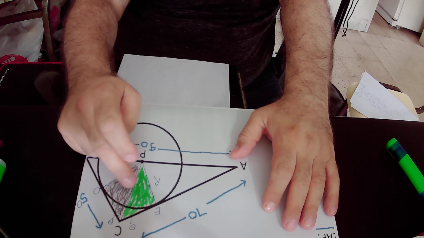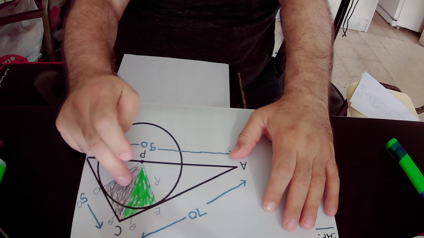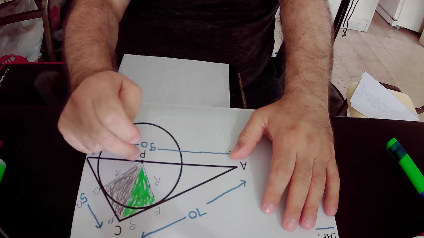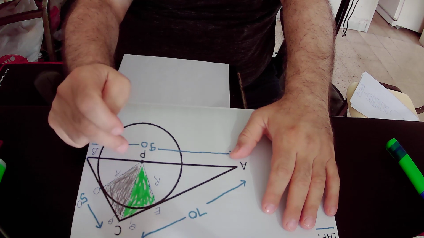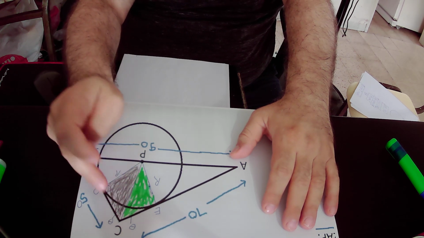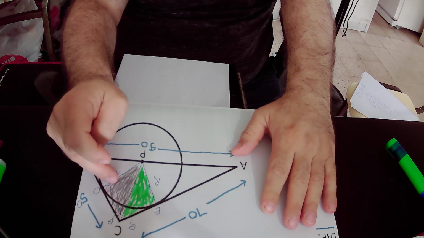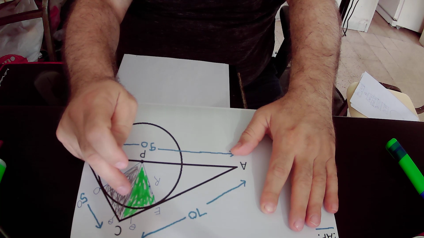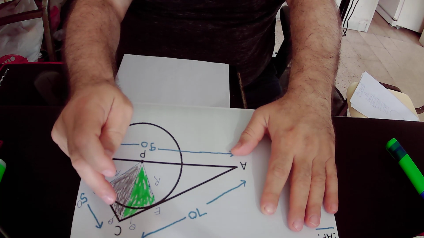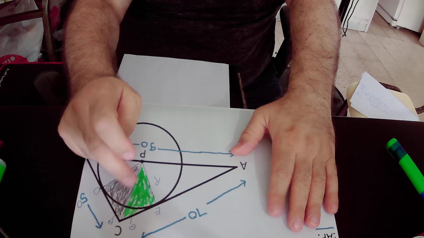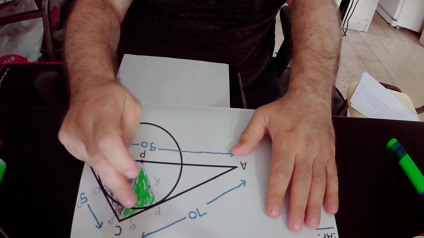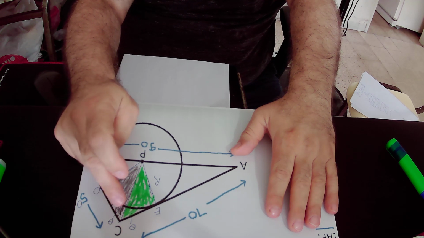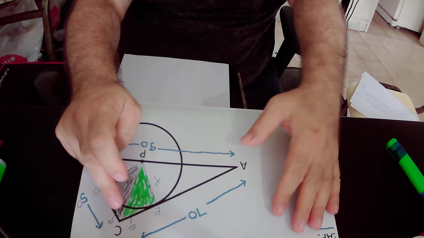For that reason, those two triangles are congruent to each other, and angle PCE equals angle PCO, according to the rule that corresponding angles in congruent triangles are equal to each other. So we call the angle PCE theta, so angle PCO is also theta, because those two angles are equal to each other.